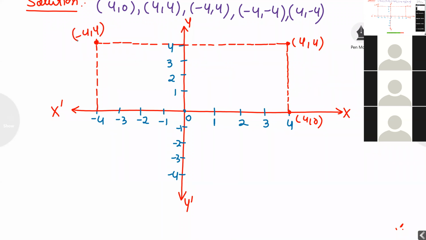Third point, x is minus 4, y is minus 4. Down. Next point, x is 4, y is minus 4. Down.